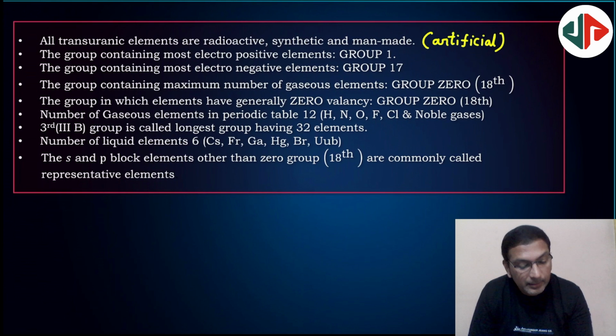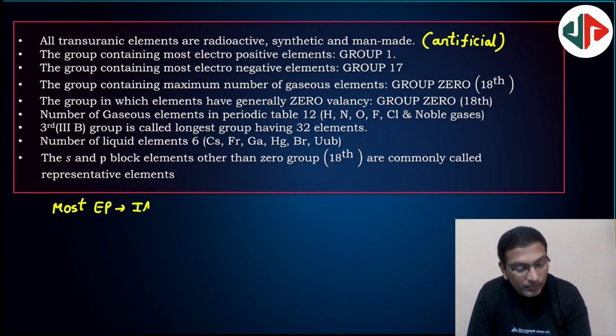Next. The group containing most electropositive elements is group 1. Group 1 means first A group. Most electropositive: first A or group 1.